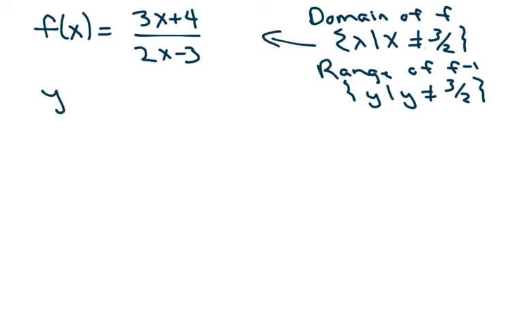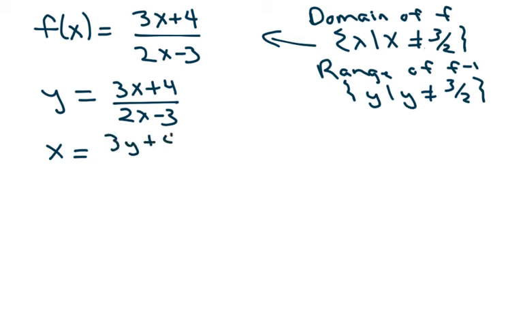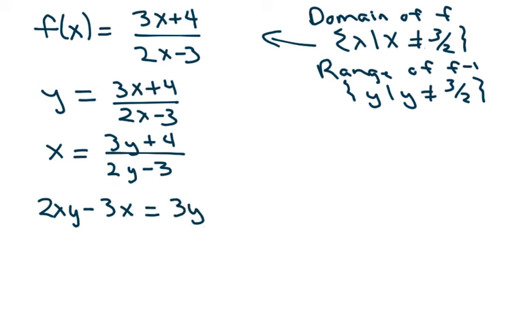We set it to y. Switch the x's and the y's. Cross multiply. You're going to get 2xy minus 3x equals 3y plus 4. Group the y's together.